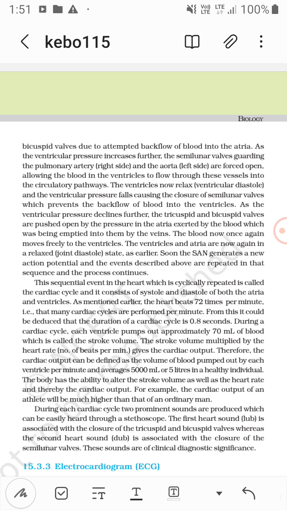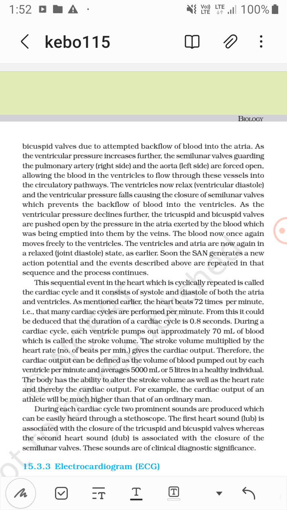During a cardiac cycle, each ventricle pumps out approximately 70 ml of blood, which is called the stroke volume.